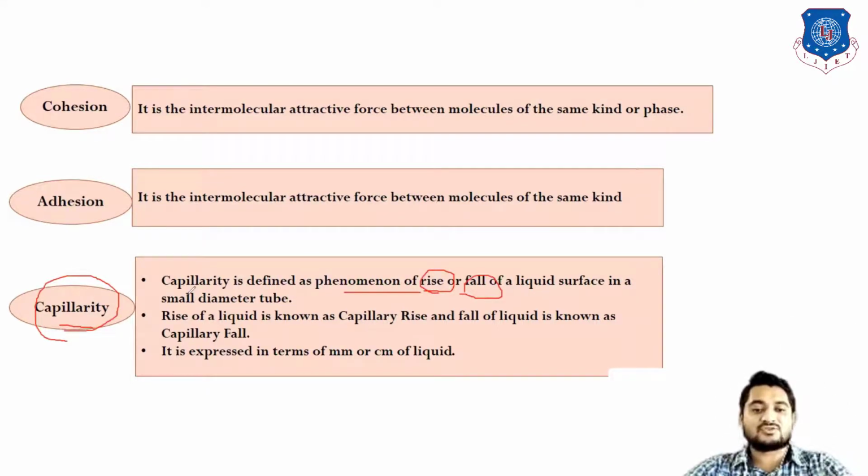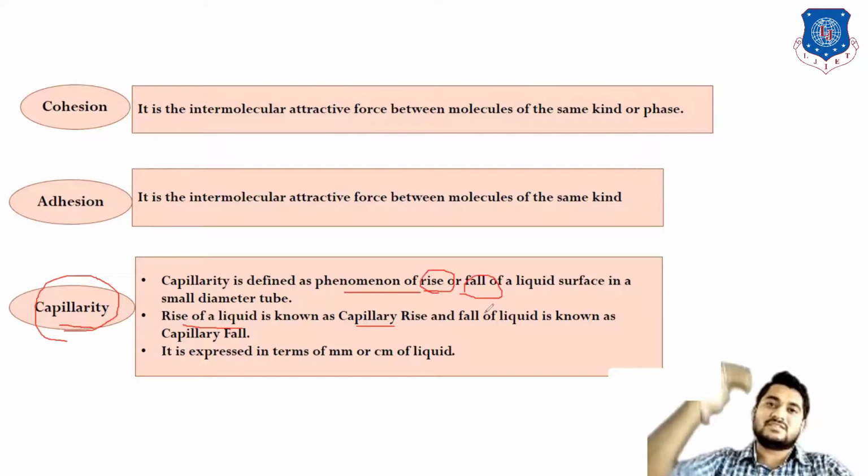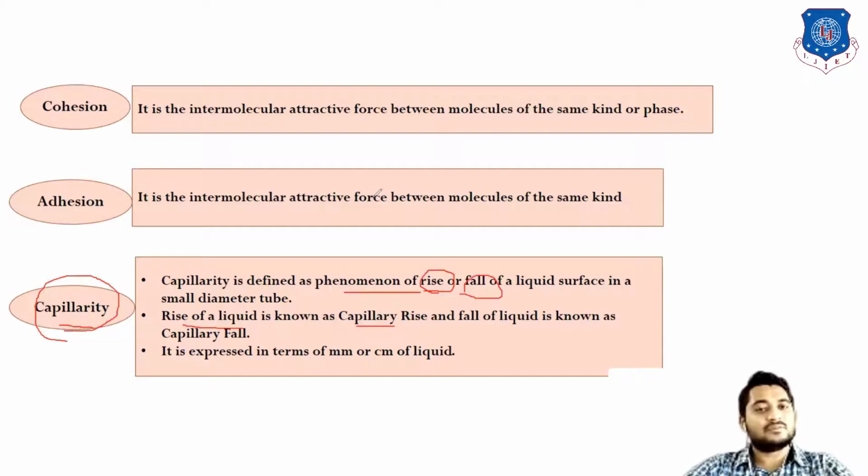That effect is known as capillary. The rise of the liquid is known as capillary rise, and the fall of the liquid is known as capillary fall. Capillary can be measured in terms of height, as a rise or a fall. So the SI unit of capillary is the meter. Clear? So let us move on to the next topic.